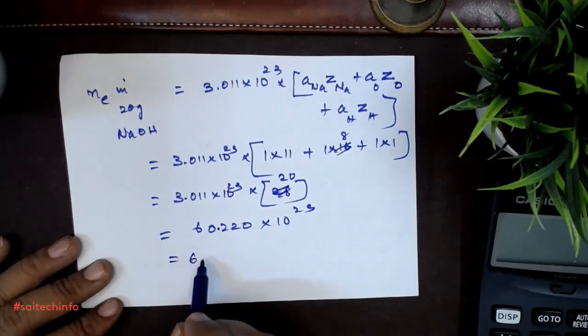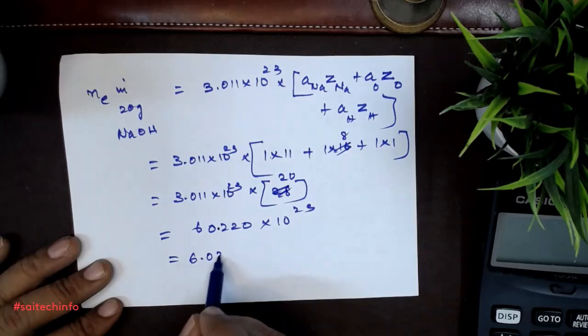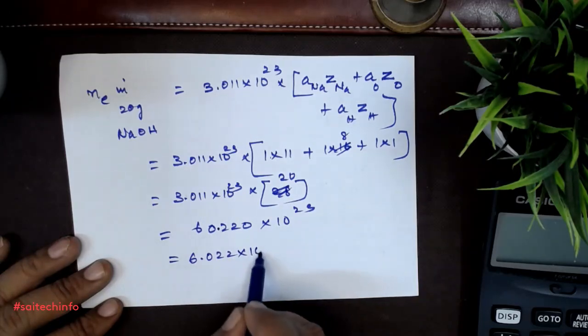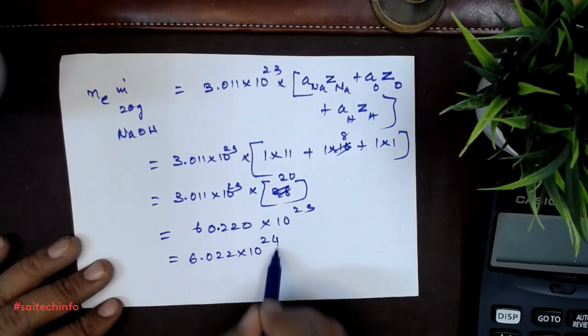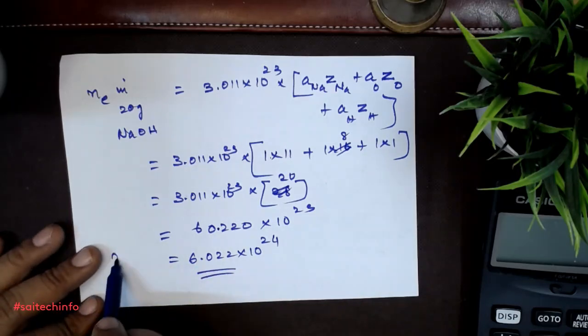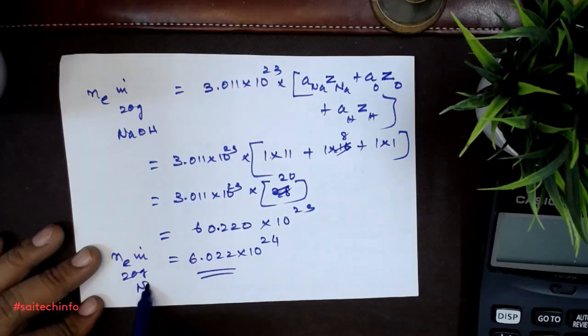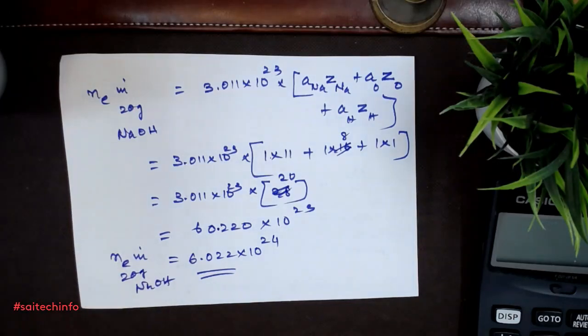So 6.022 into 10 power 24, correct? So that is the number of electrons in 20 gram of NaOH. Got it? Okay.